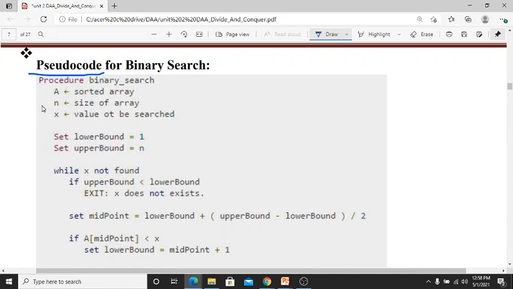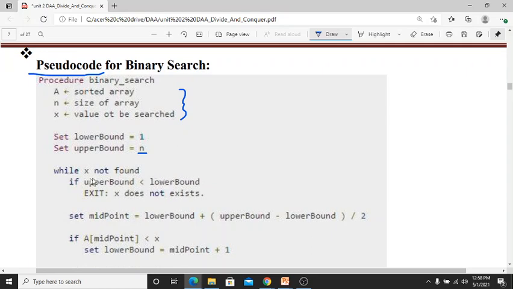X is the value to be searched, whatever value you want to search. These three things are important. Now set lower bound equal to 1 and set upper bound equal to n.